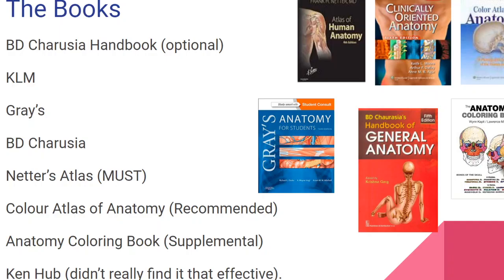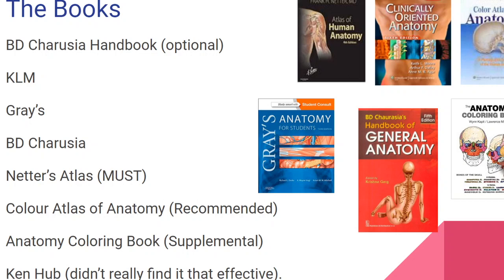So the books, there's many options, but it doesn't really matter which books you use because it all depends on whether or not books work for you and which books work for you. So there is the BD Chaurasia Handbook, which usually everyone recommends during your first module in med school, which is foundation. I personally didn't really find it that great of a book.